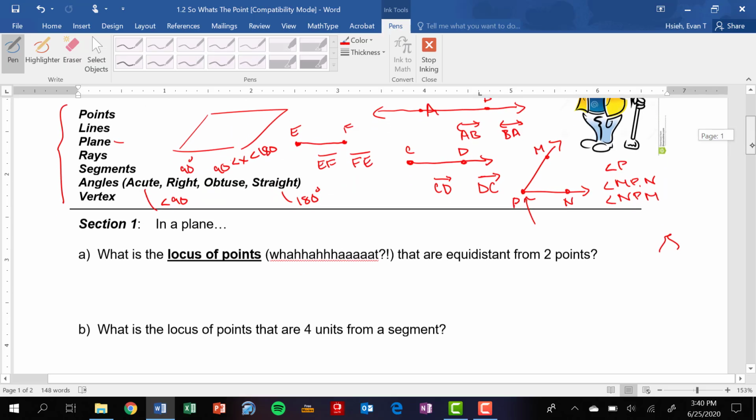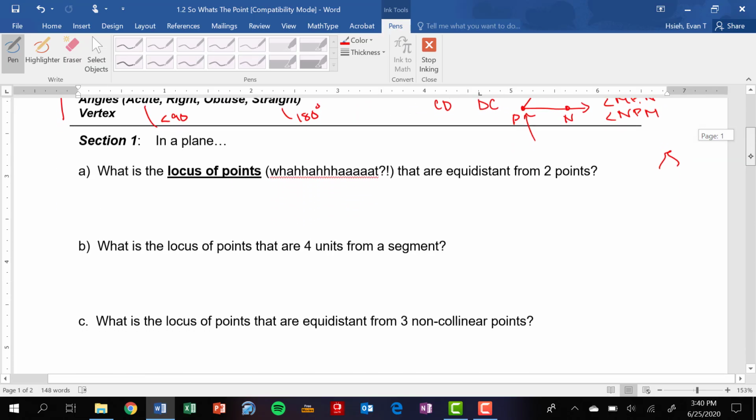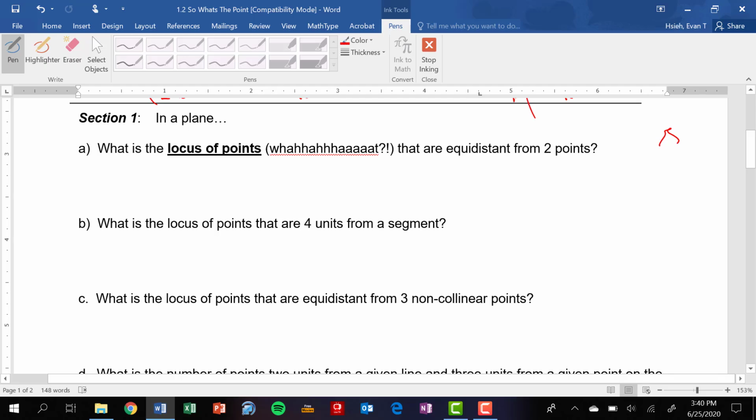Okay. Let's jump to the first type of problem, which is talking about locus, not to be mistaken with locust. Not these types of insects, they are locuses. Okay.